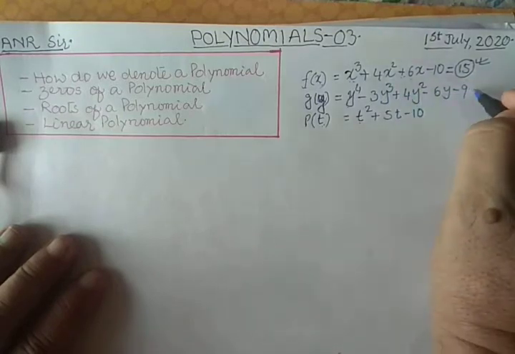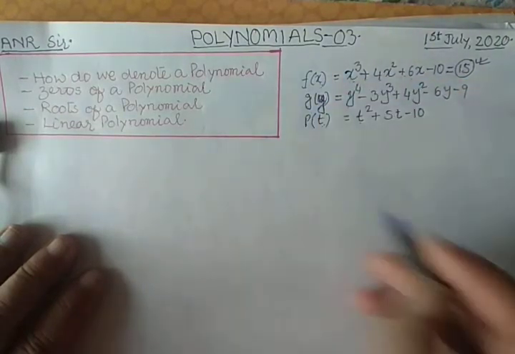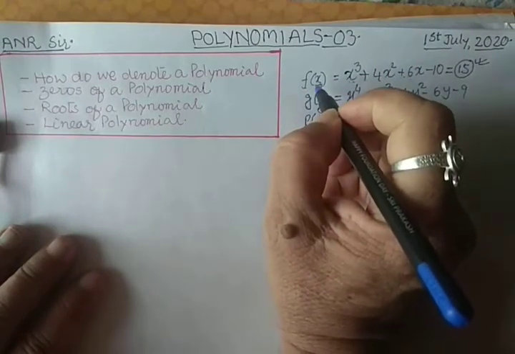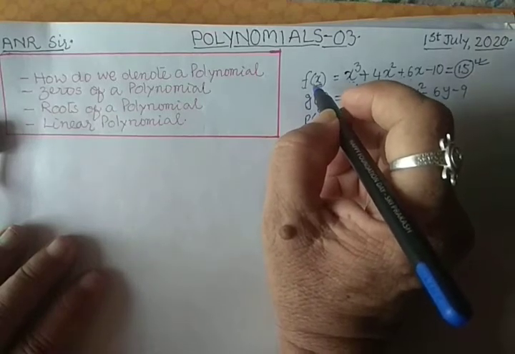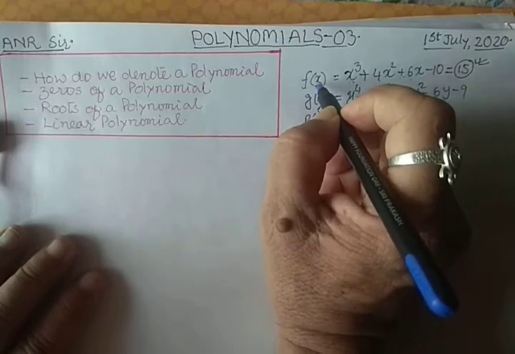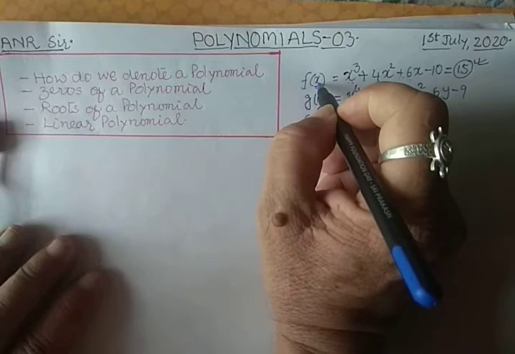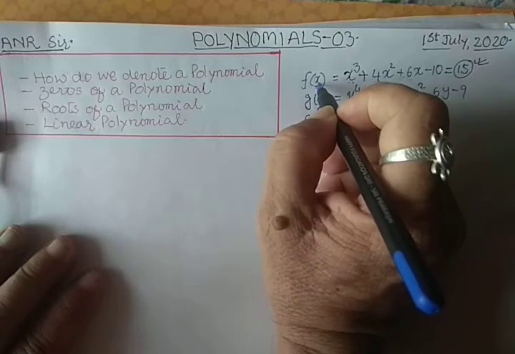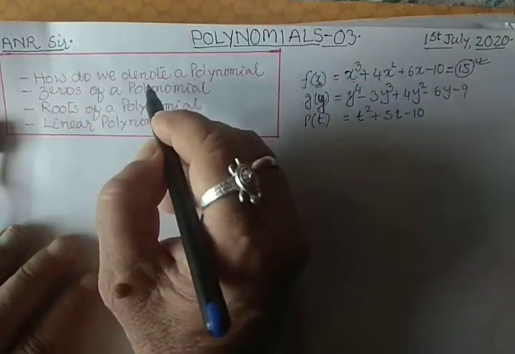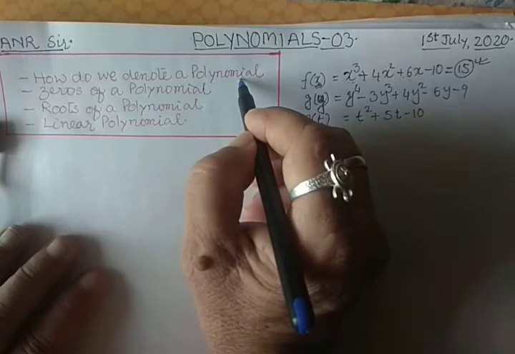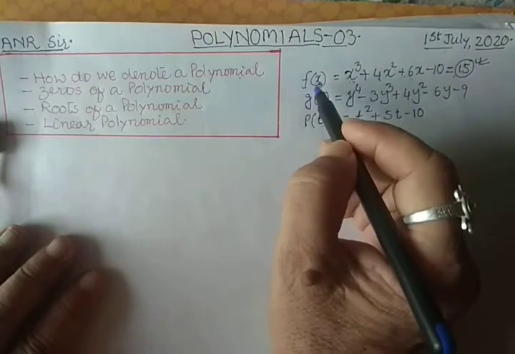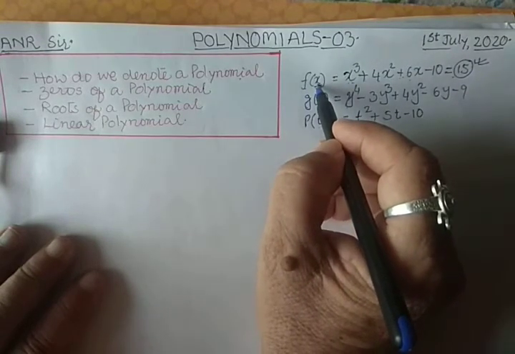And whatever values we give for this variable x are called inputs. So now we understood how to denote a polynomial, and what is the output of a polynomial and what is the input of a polynomial. Okay.